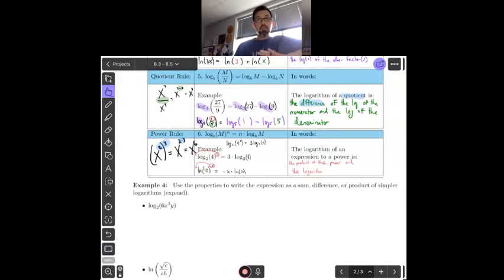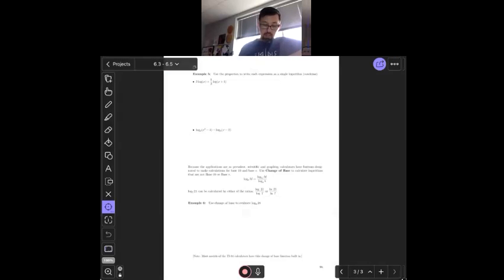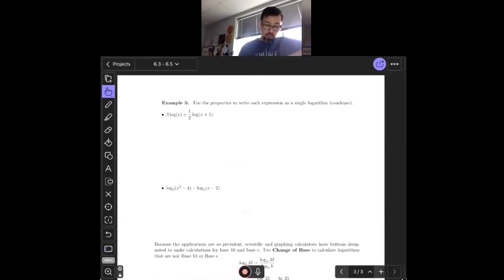So we have 2 tasks here with these properties. We're going to use them to expand, basically do what we were just doing: take a single logarithm and rewrite it as some sum or difference of multiple, simpler, smaller logarithms. And the flip side of that is to condense, which is to take multiple logarithms and push them back together.